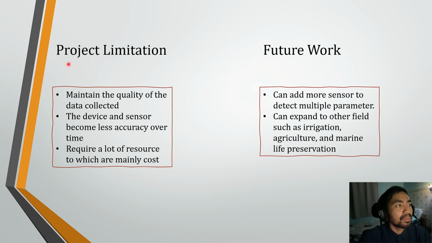Okay, the project limitations. First, maintaining the quality of the data collected. The device and sensors become less accurate over time and require a lot of resources, which are mainly cost.